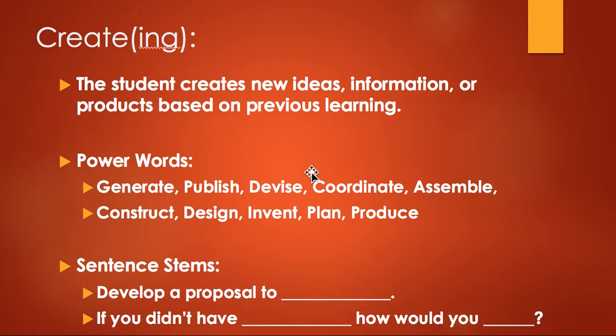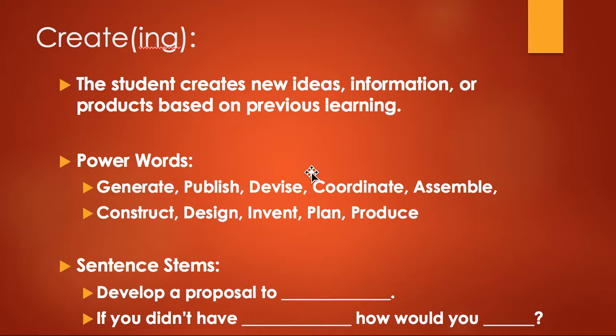So I might say, create a new graph to display Bloom's taxonomy. You would know about Bloom's taxonomy. You'd be able to analyze it, break it down, evaluate which pieces are better. But then you'd create some whole new visual for us to look at and use to understand Bloom's taxonomy.